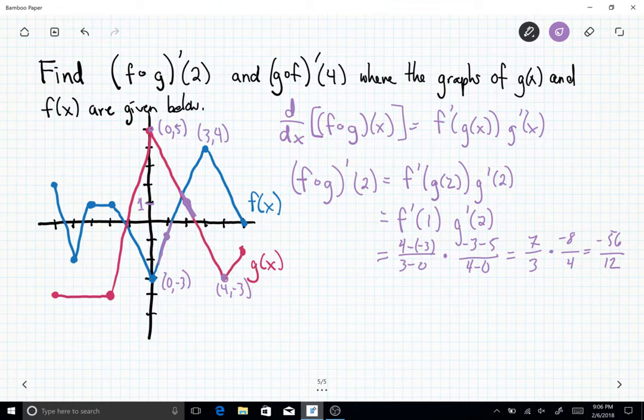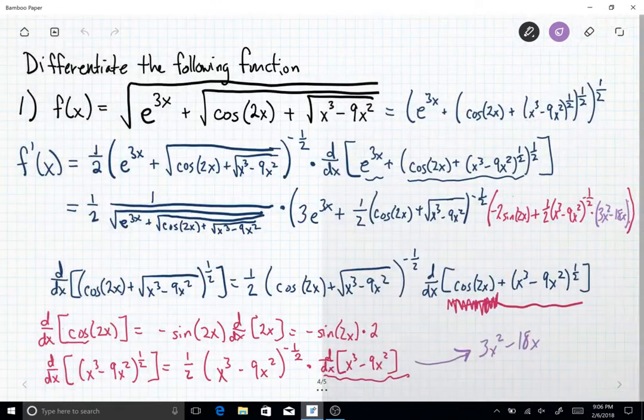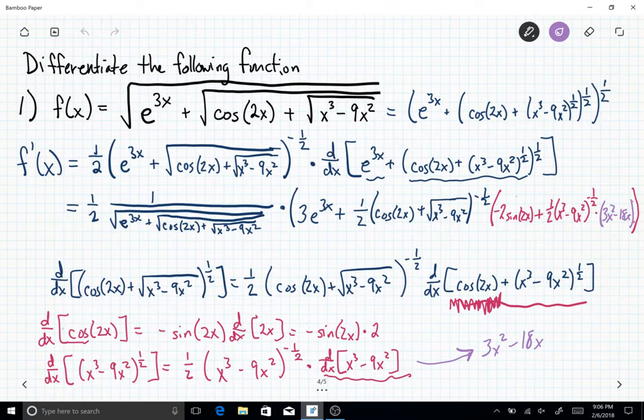Okay. So Amber's question is, on the last problem, can we combine derivatives, or do we always have to go step by step? Specifically, the derivative of the square root of x cubed minus 9x squared. Can we combine this, I believe, to be 1/2 (3x squared minus 18x) to the -1/2?